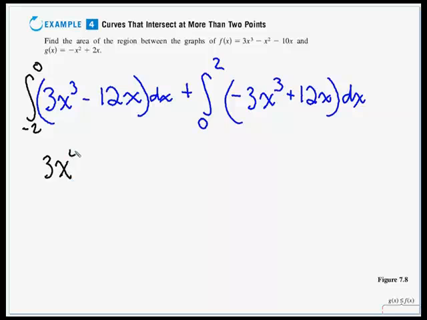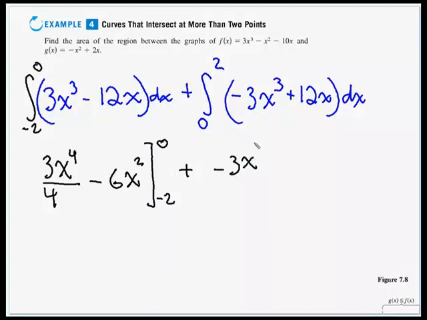That becomes 3x to the fourth, and we're dividing by 4. 3/4 x to the fourth, minus, this will become 12x squared divided by 2, or 6x squared. And we're evaluating this definite integral from negative 2 to 0, plus. Here, again, we raise our power by 1. That becomes x to the 4th divided by 4.